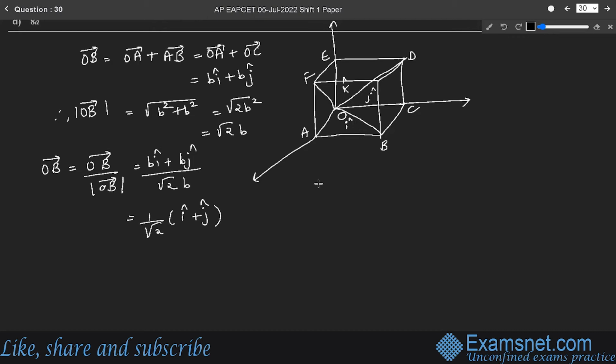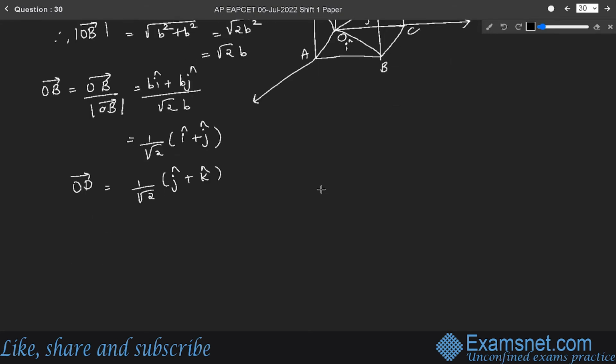Similarly, the unit vector of OD will be equal to 1 by root 2 into J cap plus K cap. And therefore, the unit vector of OF will be equal to 1 by root 2 into K cap plus I cap. Now, we have OB vector, OD vector and OF vector.